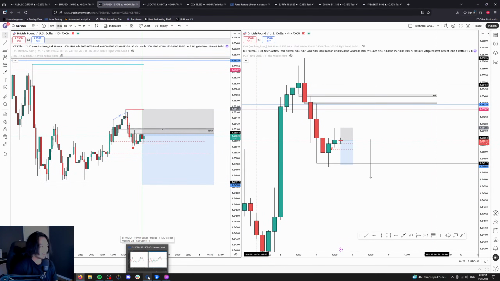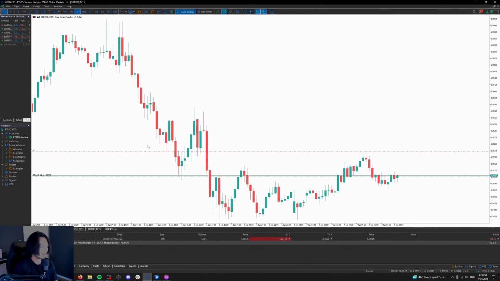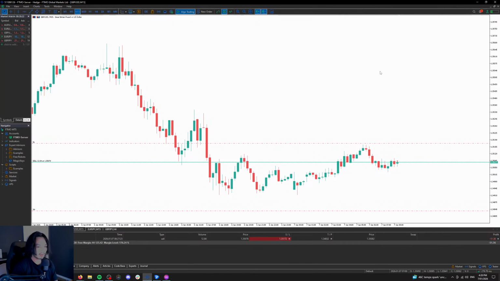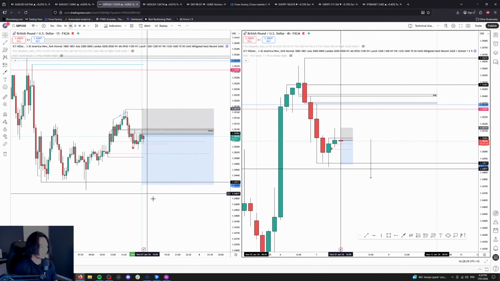Let's have a quick look at FTMO as well. As you can see, we're up from yesterday around 2k. This will be today's first trade. Tagged in on pound USD, risking 1%.